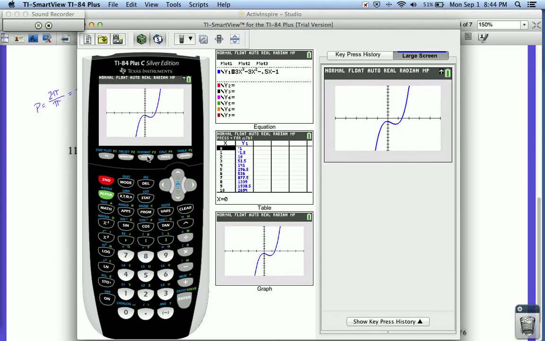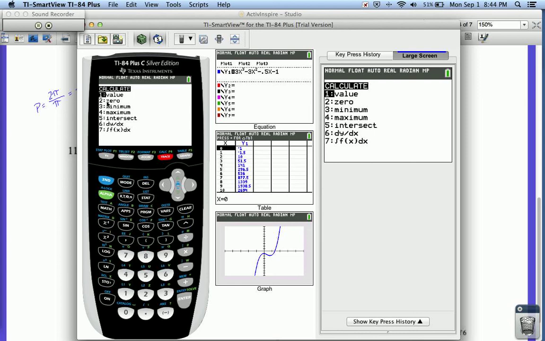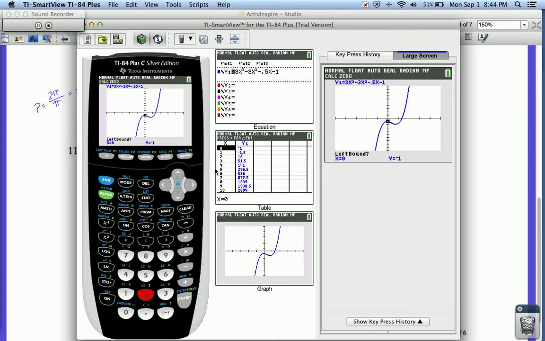We can do second calc. We're looking for the 0. Here's my cursor. The 0 occurs between left endpoint. Whoops, way too far there. I was expecting that line to follow me. And between the right endpoint, there it is. It occurs in there. I'll guess somewhere between there.